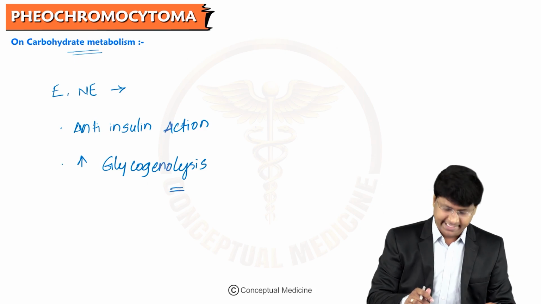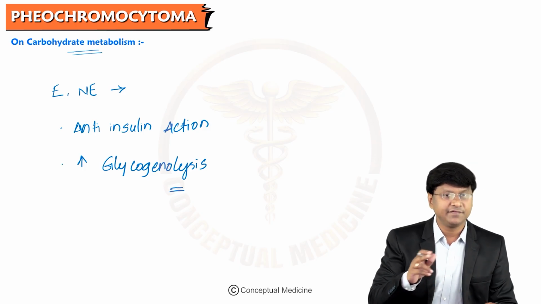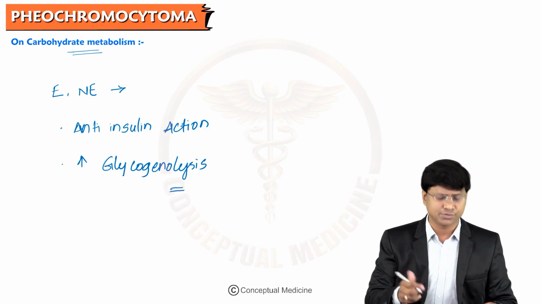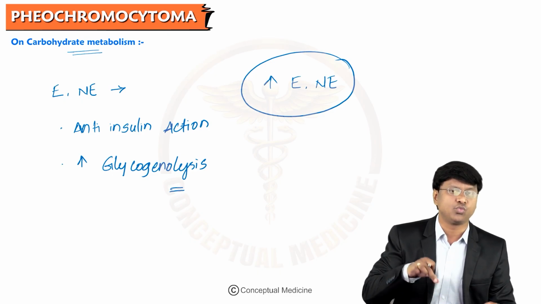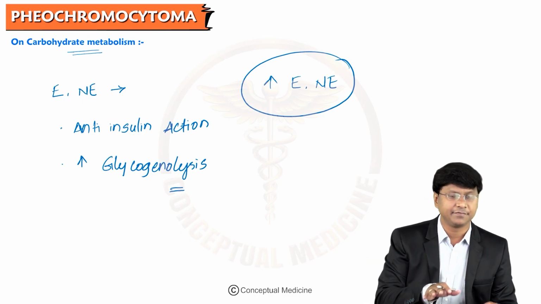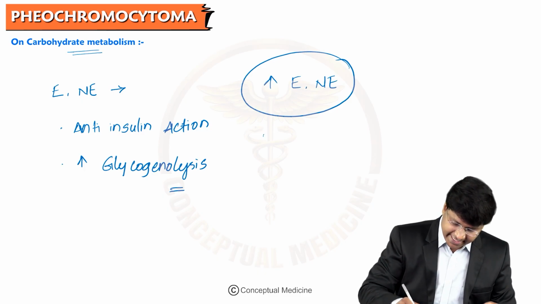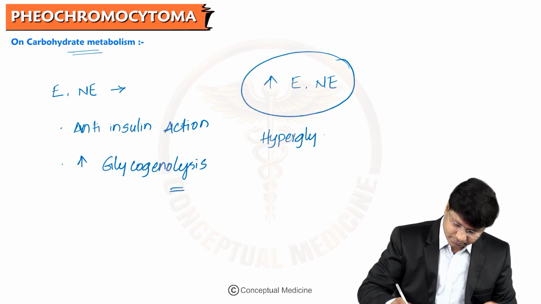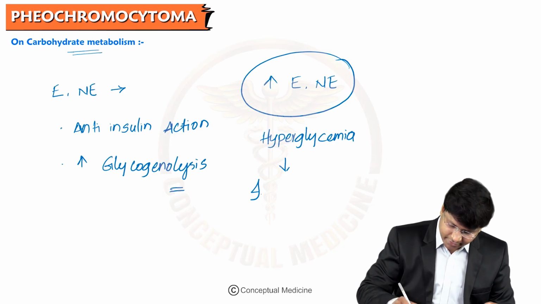Because of this anti-insulin action and increased glycogenolysis, in pheochromocytoma there is increased epinephrine as well as norepinephrine, so these physiological actions get exaggerated and thereby there will be hyperglycemia, due to which the individual will have impaired carbohydrate tolerance.